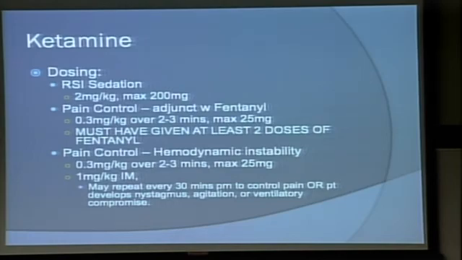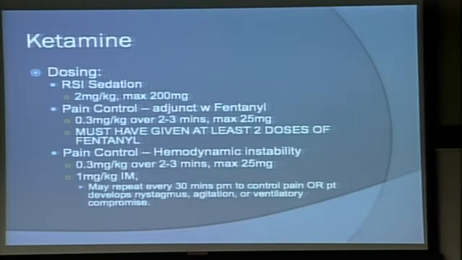Must have given at least 2 doses of fentanyl. I want you, because fentanyl will work. Now, in Oregon, they won't let you use ketamine for an adjunct until you've already given 200 milligrams to an adult. I think that's nonsense. But I want you to give at least a try. I mean, if I'm in pain, I'd like to have a little fentanyl myself.